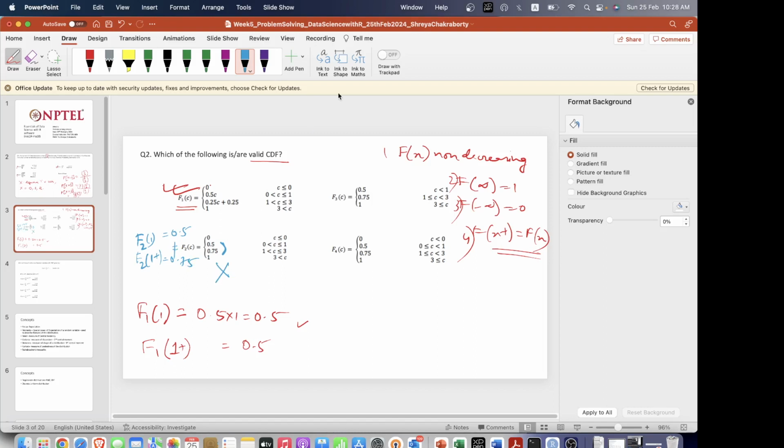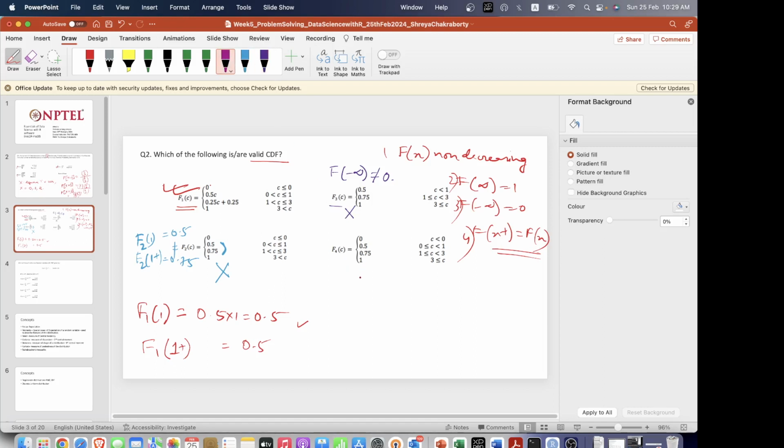Okay, the next one, this one, F3. Now F3 is not a valid CDF, because when c is moving to less than 1, F of minus infinity is not equal to 0. So this criterion is not satisfied, so this is also not a valid CDF.